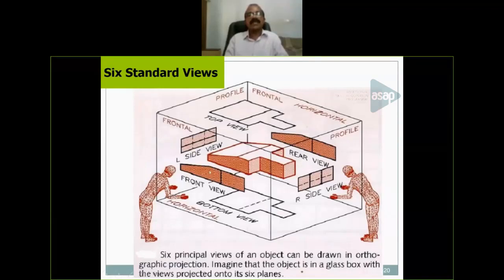Similarly, left side view, right side view, then the top view, then the rear view. So all these 6 standard views of an object can be drawn in orthographic projection. Imagine that the object is in a glass box with the views projected onto its 6 planes.